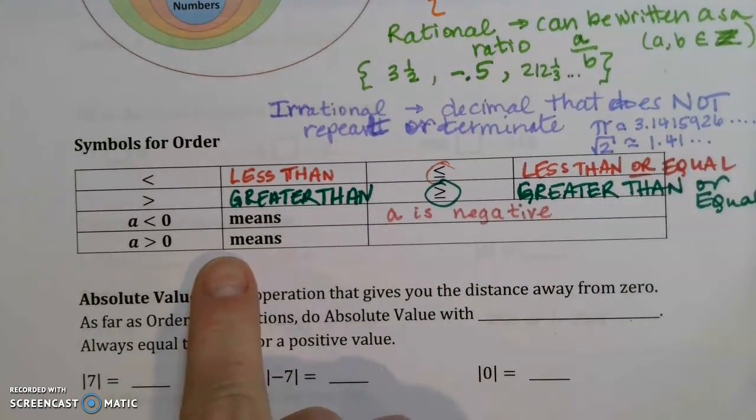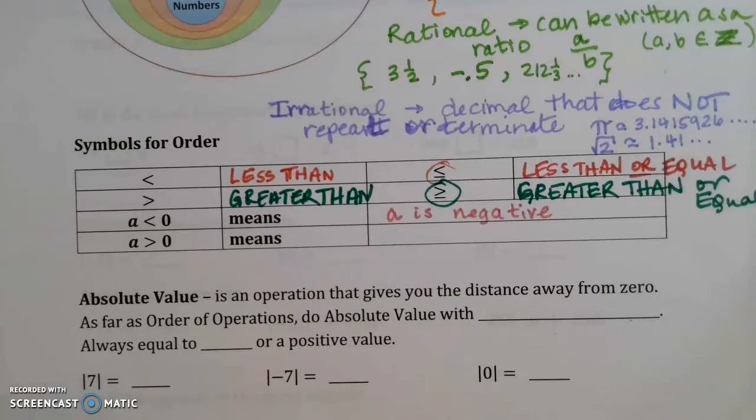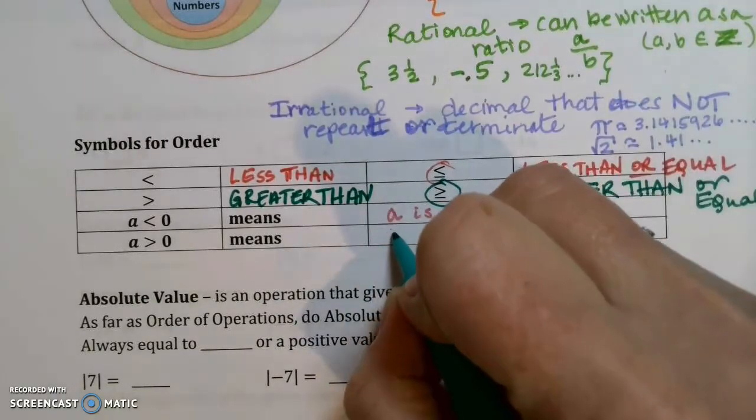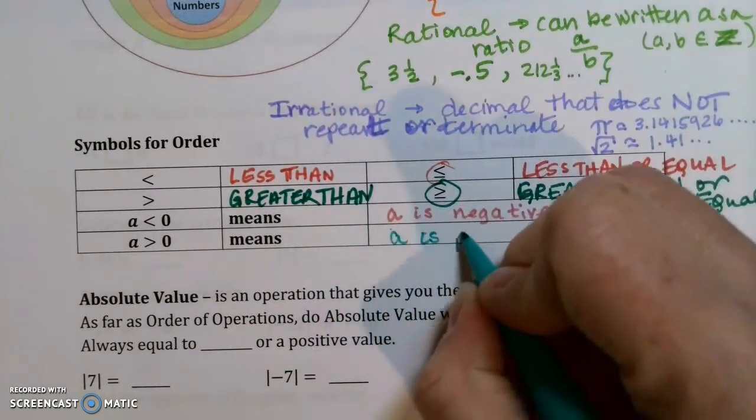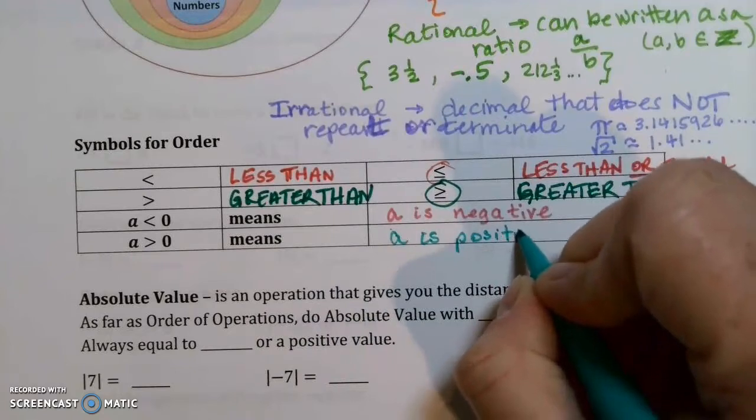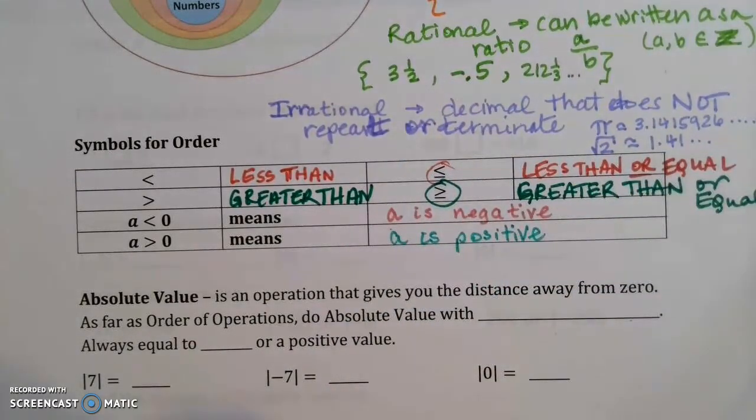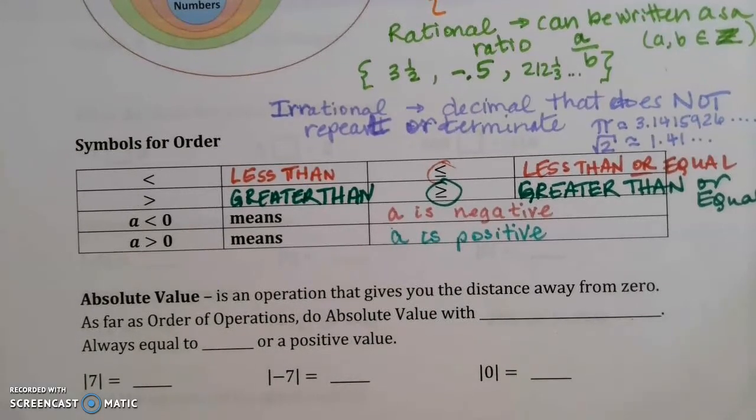If A is greater than 0, then we're going to have A being positive. So just another way to get at the implication of A being greater than 0: well, that means it's got to be something to the right of 0, and it's only positive numbers to the right of 0, so A has to be positive.